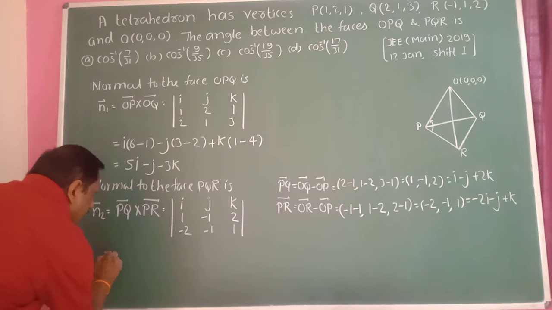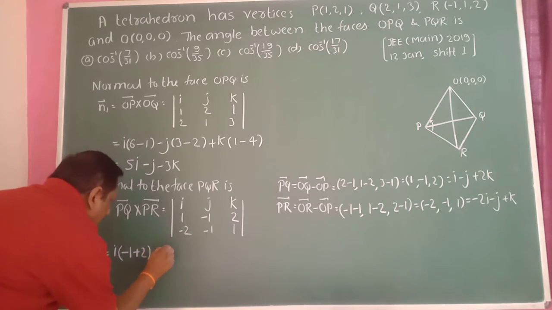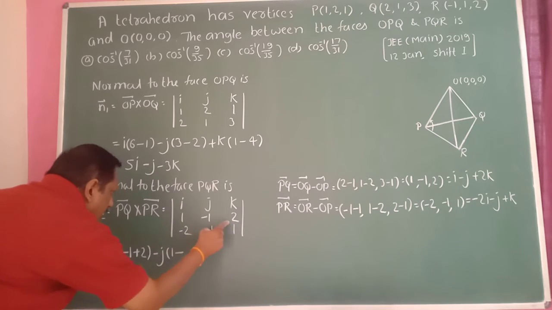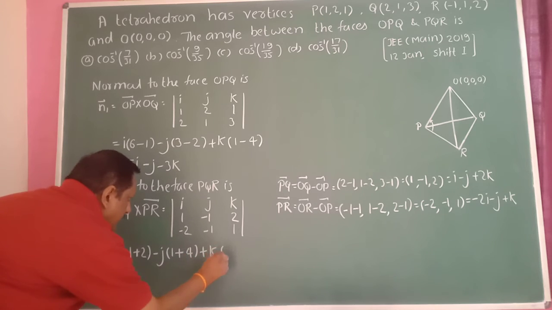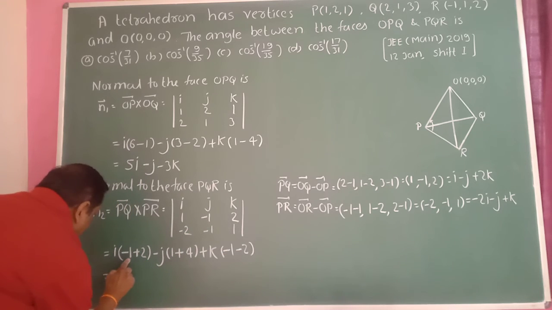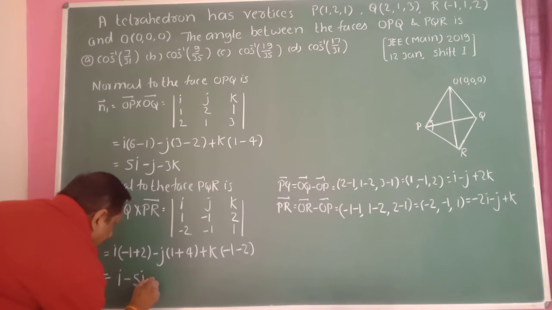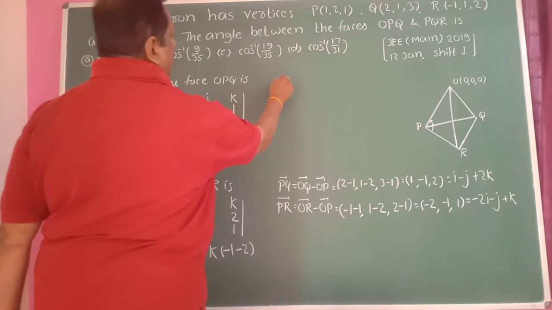So this is equal to i into (minus 1 into 1 is minus 1, minus 2 times minus 1 is plus 2), minus j (1 times 1 is 1, minus 2 times minus 2 is plus 4), plus k (1 times minus 1 is minus 1, minus minus 2 times minus 1 is plus 2). Therefore, this is equal to i, minus 5j, minus 3k.